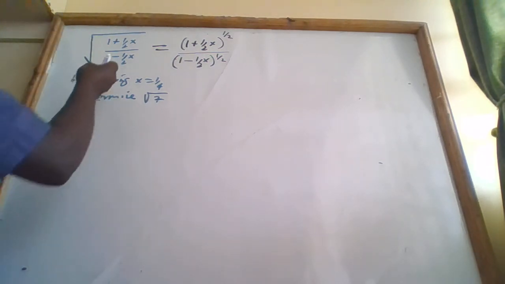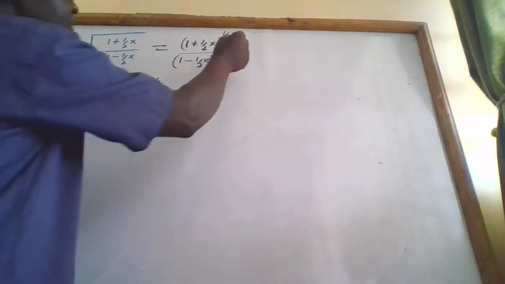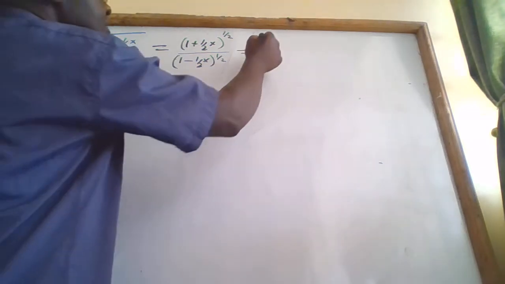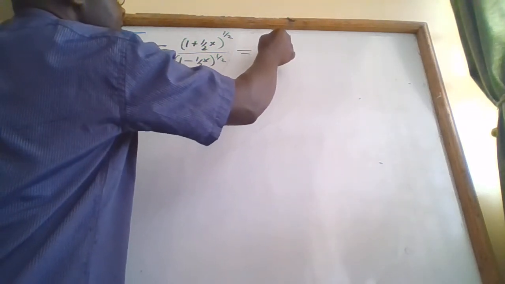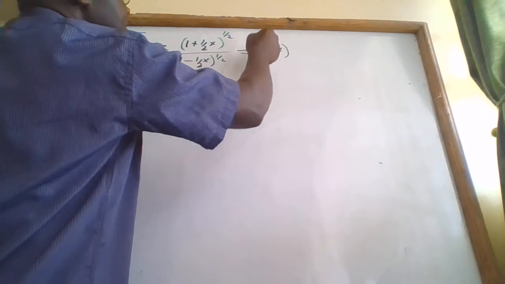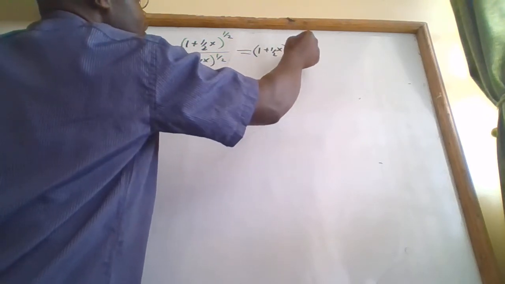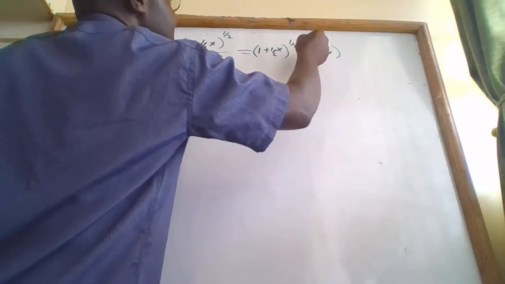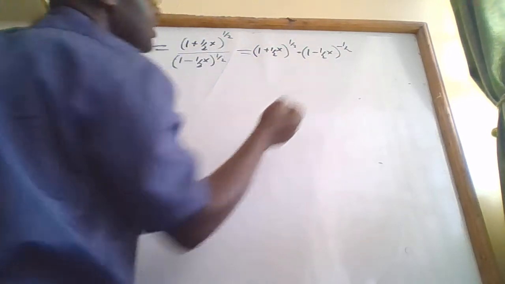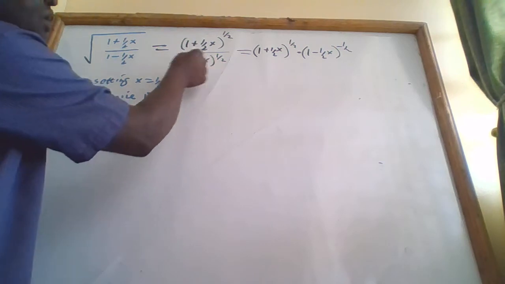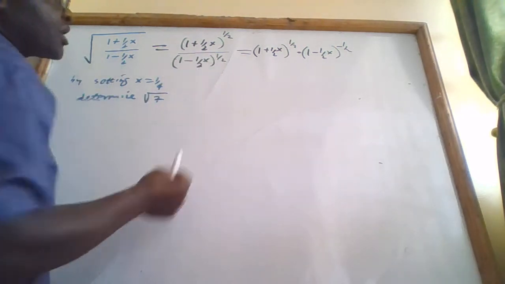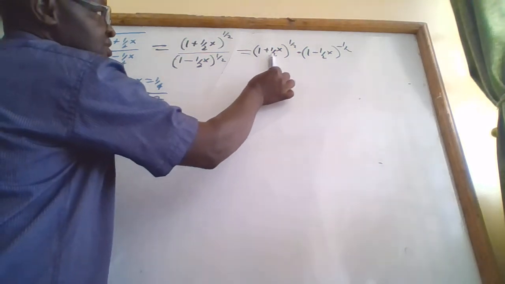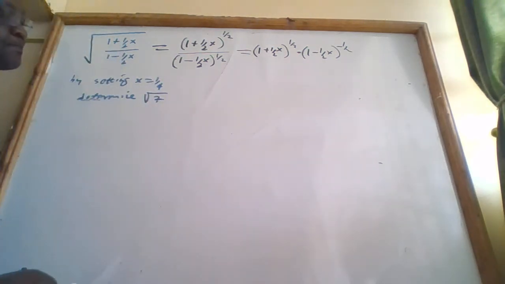After expressing this equation as that, you can now write this as the product: (1 plus a half x) raised to a half times (1 minus a half x) raised to negative a half. When this one becomes the numerator, the power becomes a half. So we are getting the product of this times that.